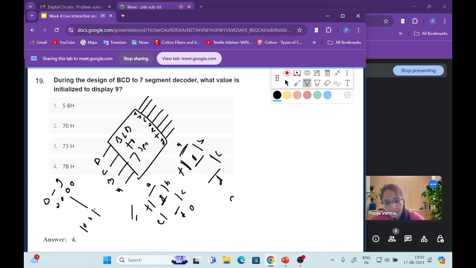A, B, C, D, E, F, G. What values will be 1 so that we are able to display 9? A will be 1, B will also be 1, C is also 1, D is also 1, E will be 0, F will be 1, and G is also 1 to display the value 9.